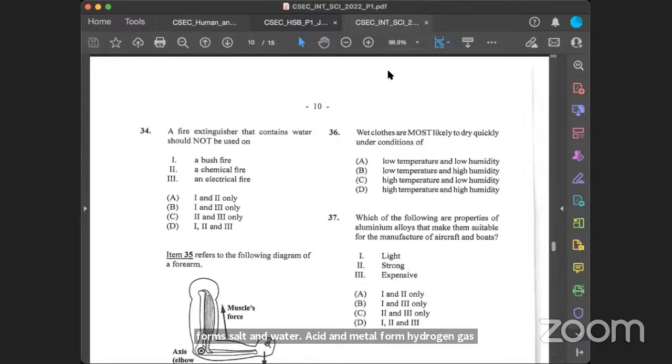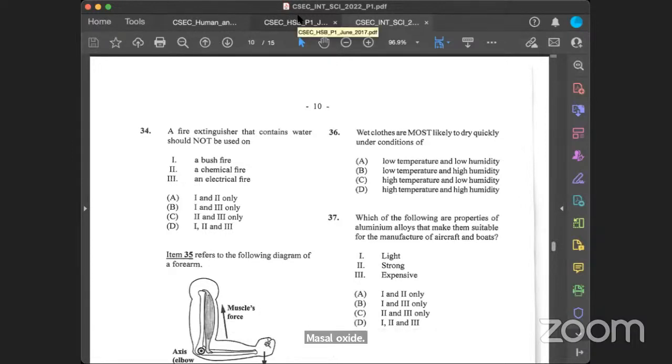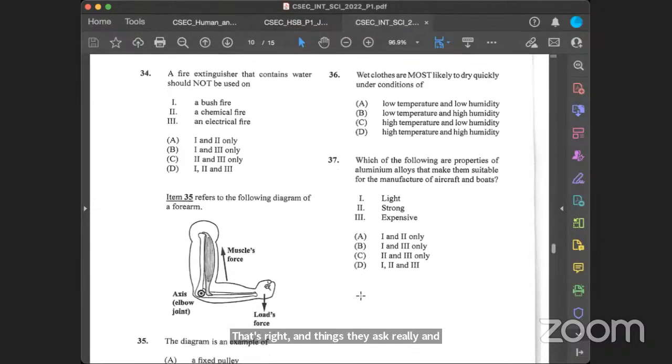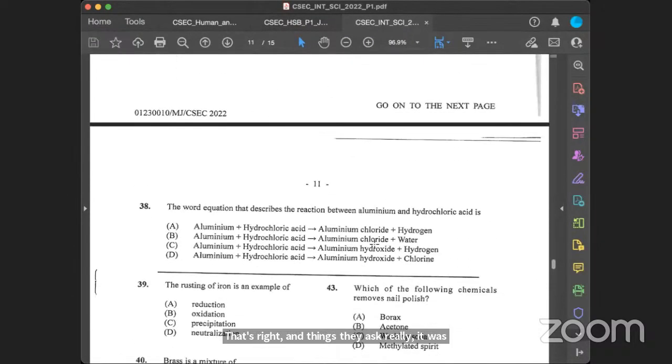What else did we talk about? A metal reacting with oxygen forms what? Metal oxide. It's amazing how y'all forget these things. When you go in the exam, you say my teacher did not teach this. So what's the answer to this question now?